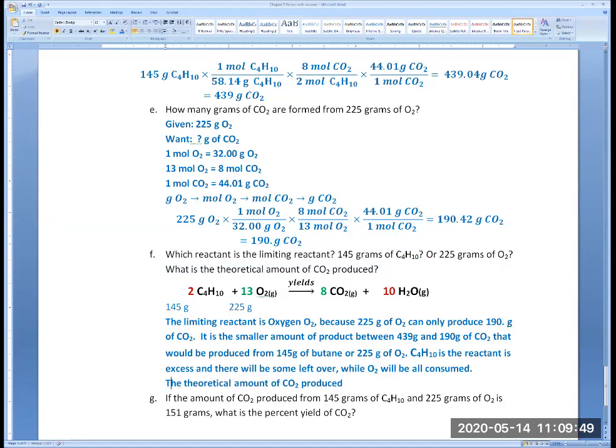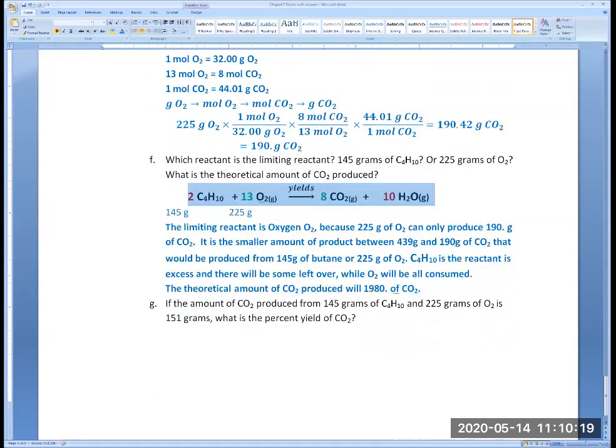And so the theoretical amount of CO2 produced will be 190 grams of CO2. This is what theoretically you should get if everything else is plentiful, and you calculate it given the proportions given by the equation. That's what you should get, right?